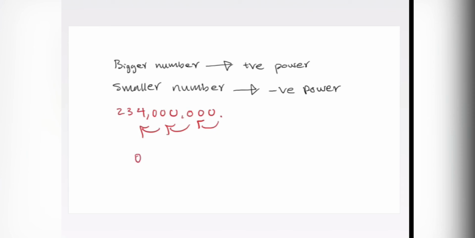And when I have a smaller number, my decimal point is moving right hand side, so my power is going to be negative form. I'm telling you again, keep this in mind.